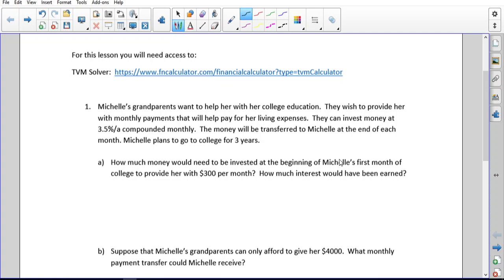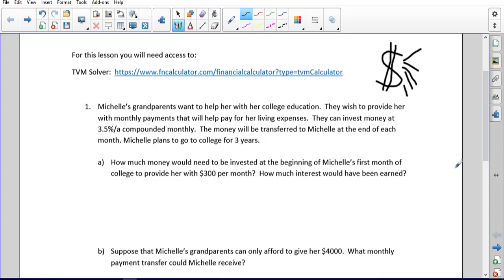Okay. So the first question is, how much money would need to be invested at the beginning of Michelle's first month of college to provide her with $300 per month? The idea is that there'll be some big sum of money. Michelle's in college for 3 years, which is 36 months, and there'll be 36 equal monthly payments of $300. If we just imagine this annuity, you could go $300 times 36.